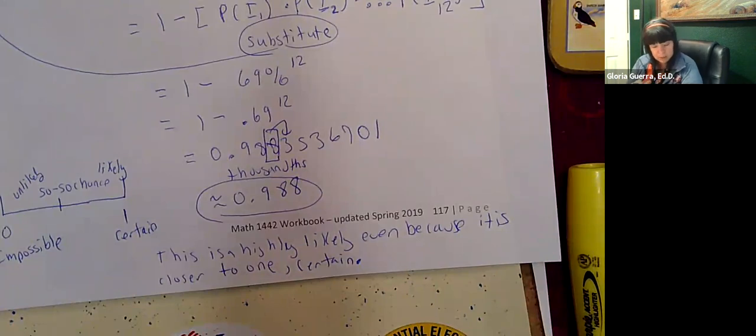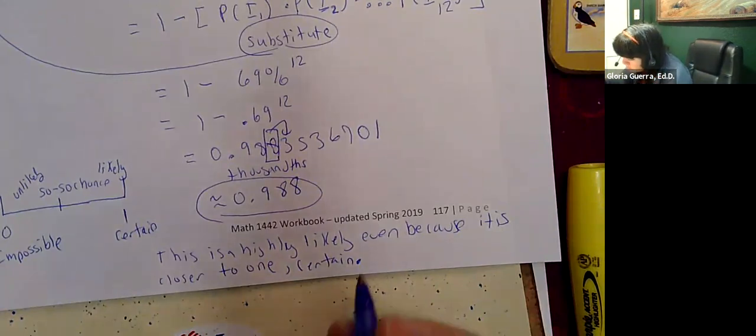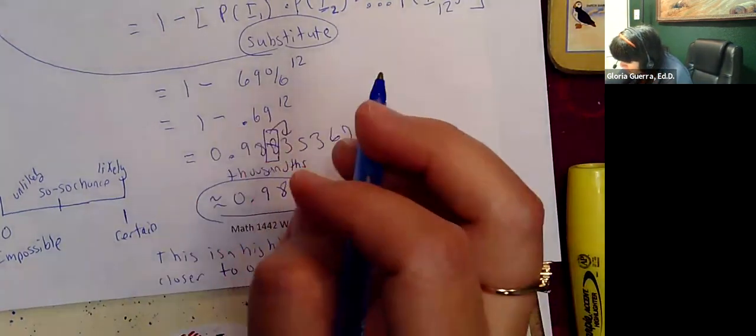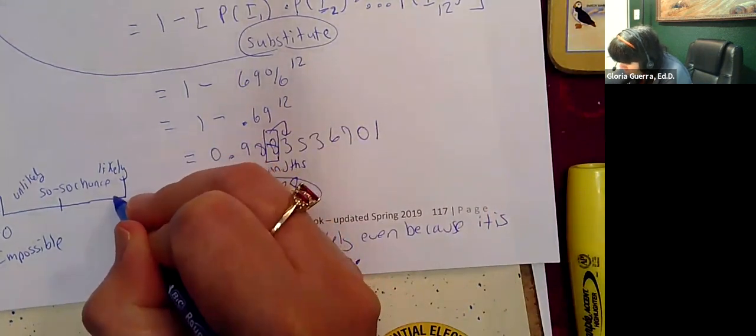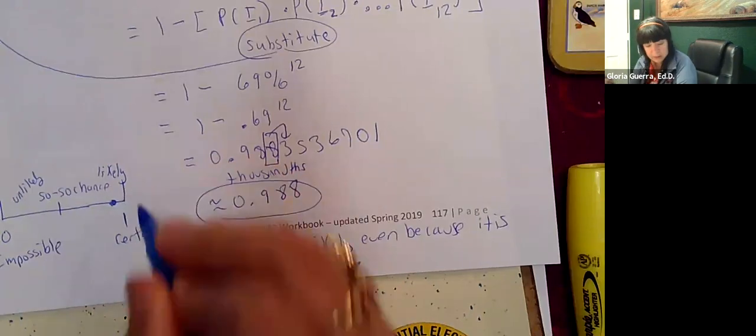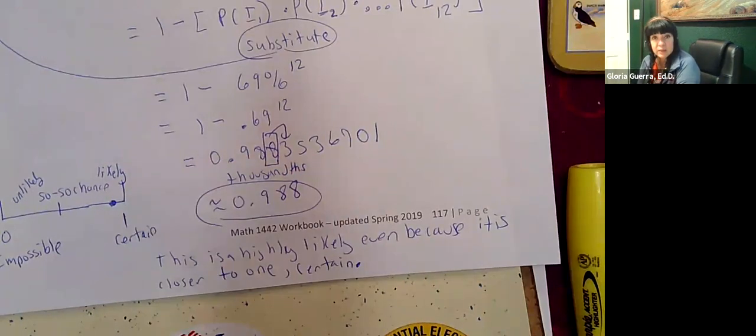So I have highly likely event. Yeah, because 0.98 is somewhere way over here, right? 0.9 under the likely. So it's highly likely, right? Highly likely. It's closer to 1.